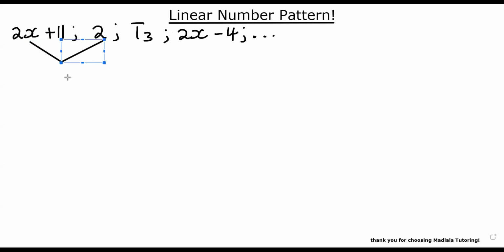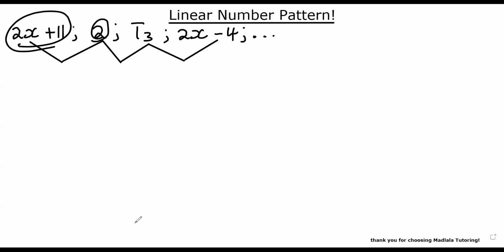So now we come and find the differences. This is how it's going to look. And then if you say 2 minus (2x plus 11), well, you simply get negative 2x minus 9.